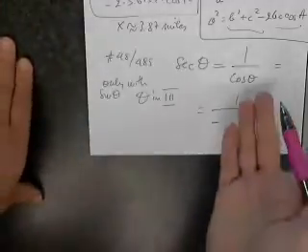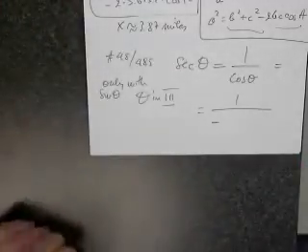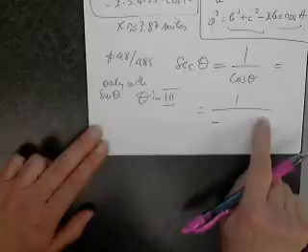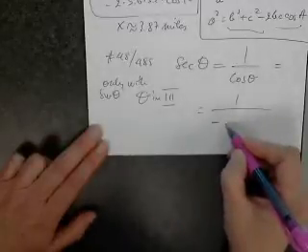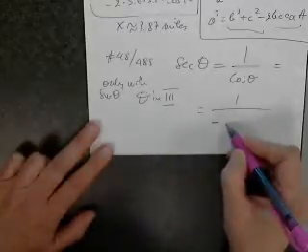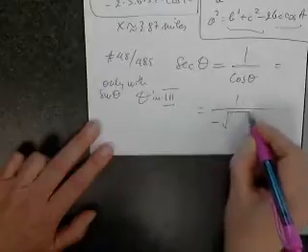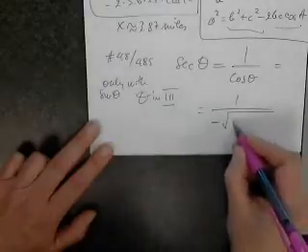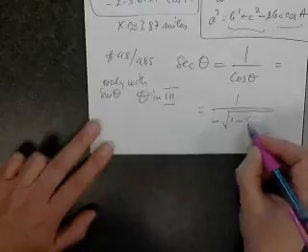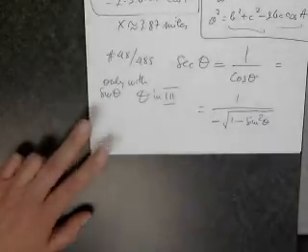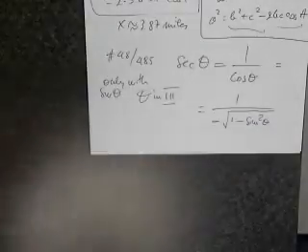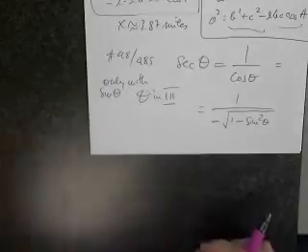I want to represent cosine in terms of sine. What will I write? Just sine squared, because sine squared plus cosine squared equals 1. This is it.